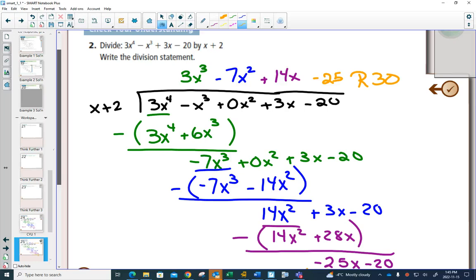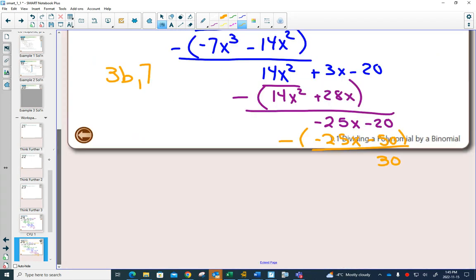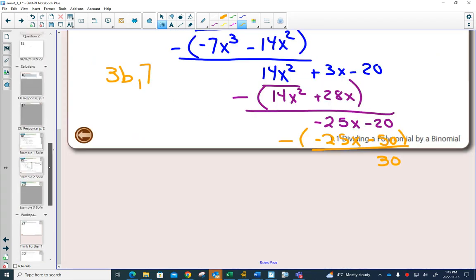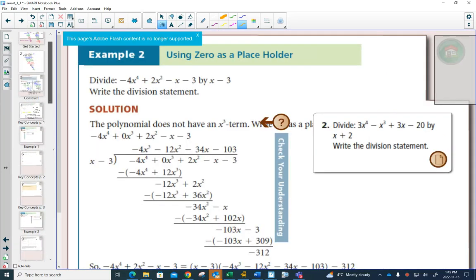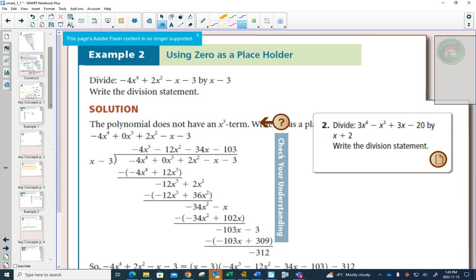And questions for practice on this one are 3b and 7, but this question also says write the division statement. So I'd like you to just turn back one page.